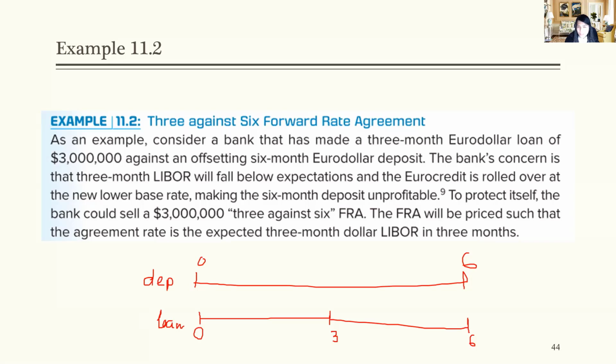So the risk here is that when they have to roll over the loan in 3 months' time, the interest rate can fall below expectation, and at that point, they will be unprofitable, right? Or their profit will reduce. So to protect itself, the bank can sell a FRA, 3 against 6 FRA, to basically lock in an interest rate for the next 3 months, okay?